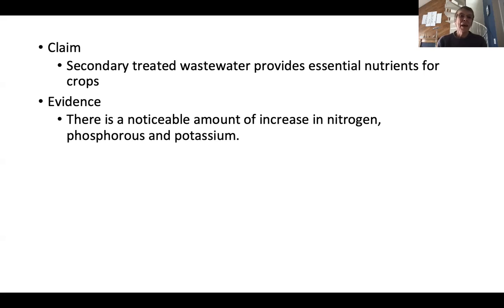It doesn't tell me anything about where this noticeable increase is. I don't know, it could be an increase in the amount of nitrogen, phosphorus, and potassium in my lunch. I mean, it gives no specific information. It may well be that if that evidence sentence was written correctly, it would provide evidence for the claim. But as written, it's just, I don't know. I mean, that's way, way, way too vague.